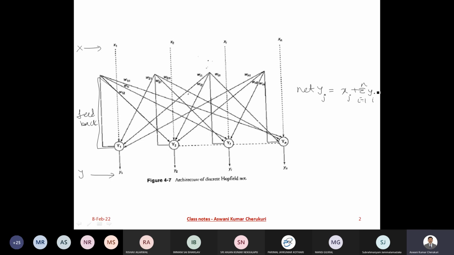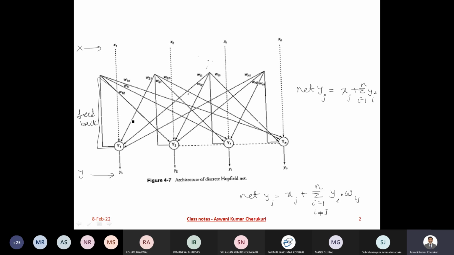So net Yj is equal to xj plus sigma i equals 1 to n Yi into Wij. Remember, this is for the cases where i is not equal to j. And if i is equal to j, there is no connection at all, so you can think of it as a 0.